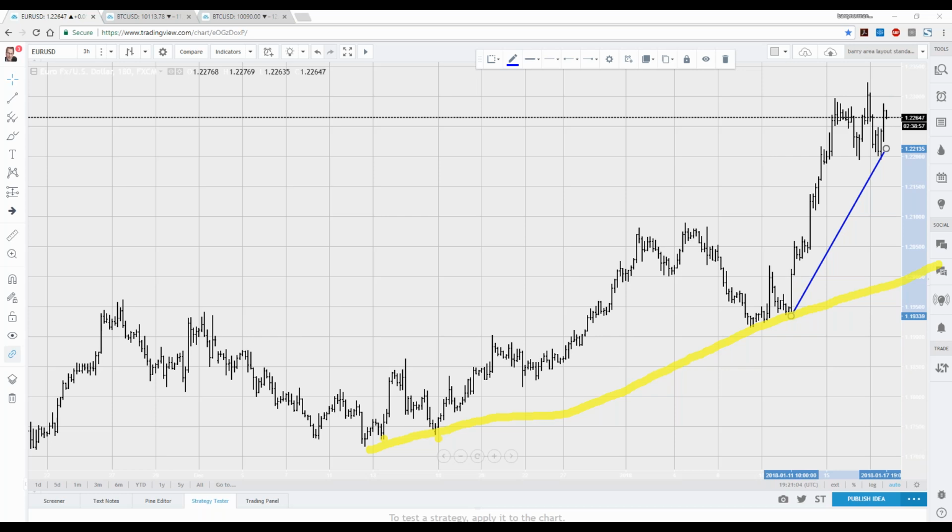Now, the fact is, we do have a valid trend as opposed to a valid trend line.